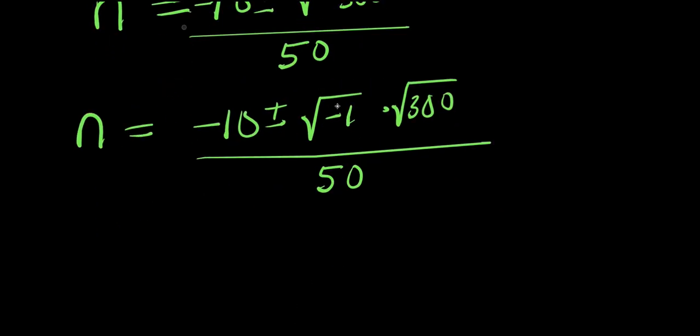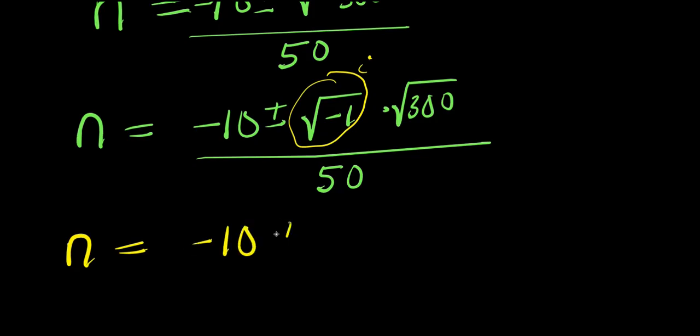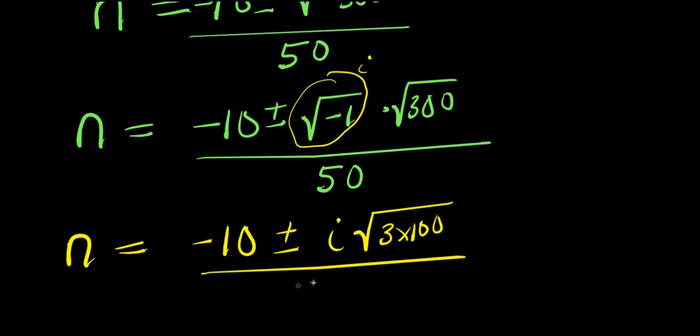So right now, this is i. So we have n equals negative 10 plus or minus i times square root of 300. This is the same as 3 times 100, divided by 50.